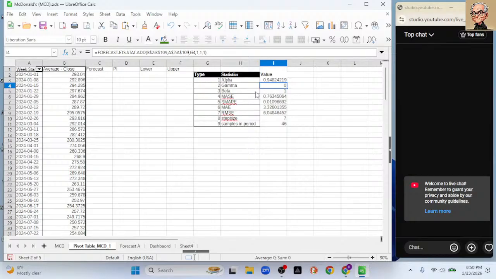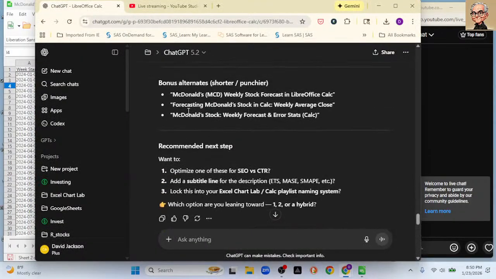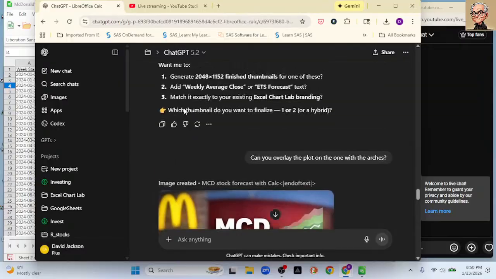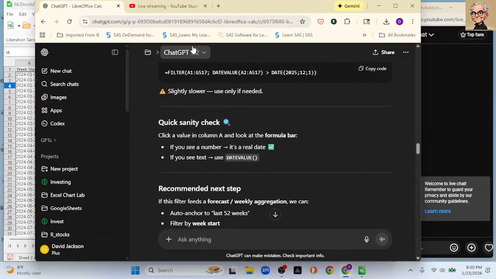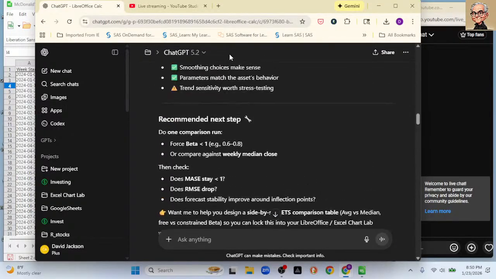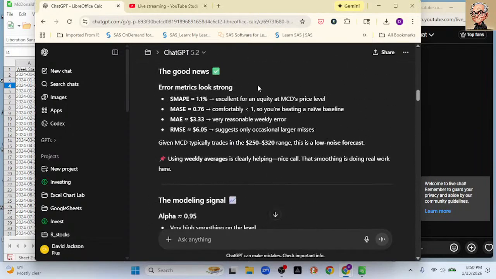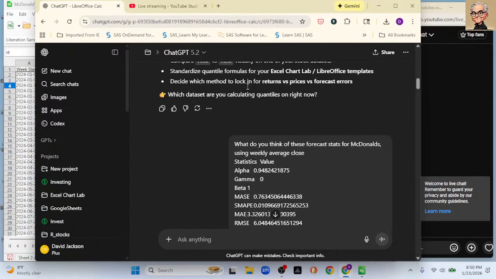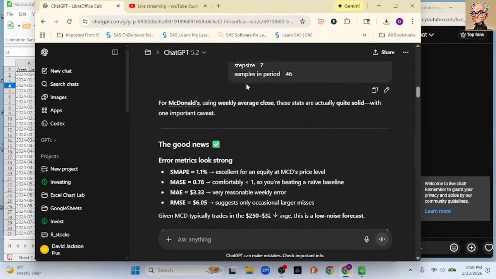Right, so the G4 is this value here. Let's come over here and let's take a look at what I saw earlier today. So here's the thing. For McDonald's, using weekly average close, the stats are actually quite solid, with one caveat.